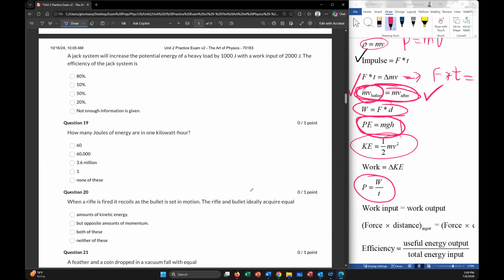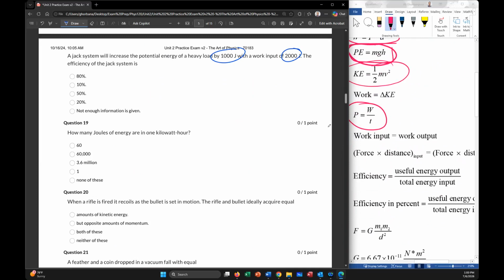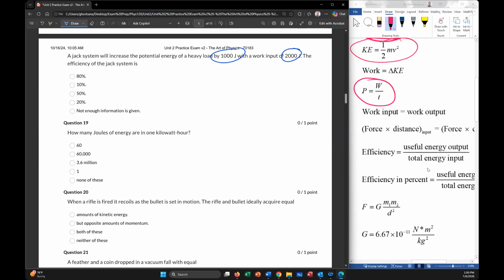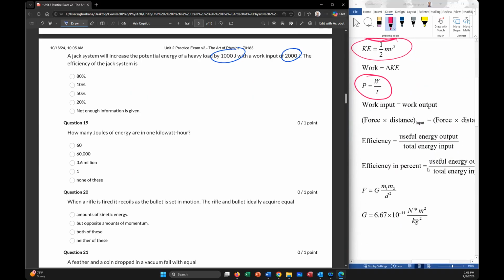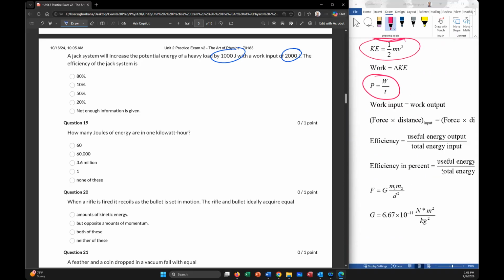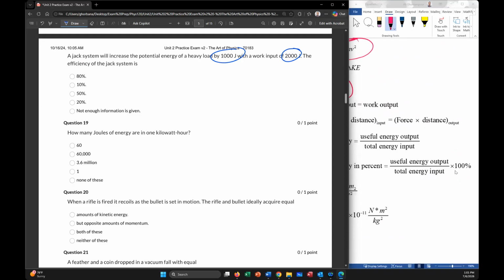A jack system will increase the potential energy of a heavy load by 1000 joule with a work input of 2000 joule. What is the efficiency? Where is the formula of the efficiency? Here. Efficiency in percentage. Which one are we supposed to use? Because there is a percentage here, we are supposed to use efficiency in percentage: useful energy divided by total energy multiplied by 100%.